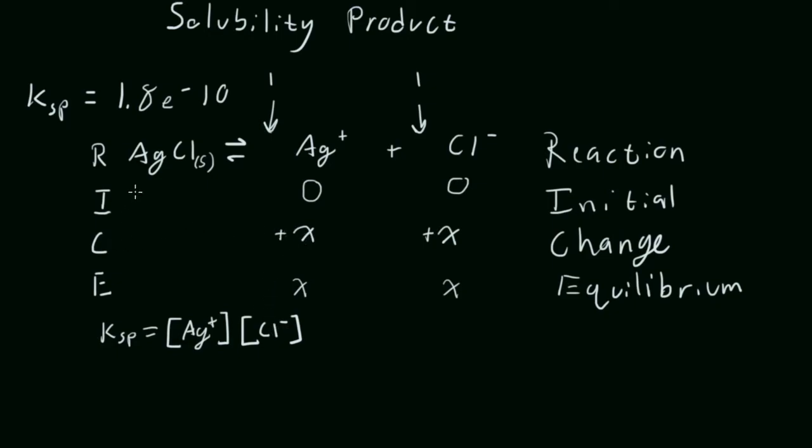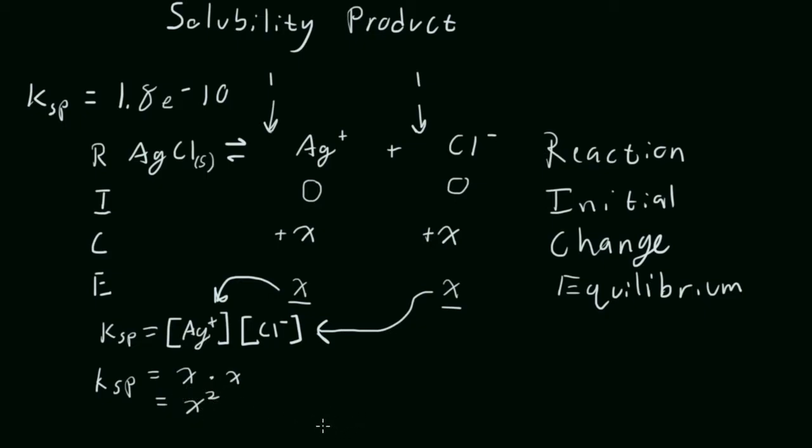And because when that gets put into a solution, it's going to change by that plus x amount, and at equilibrium it's going to be equal to x, we can really put x in for each of these. And so I can say KSP equals x times x, or x squared.